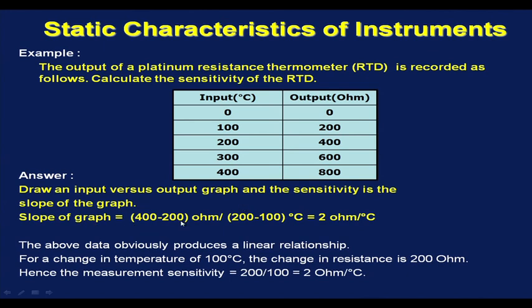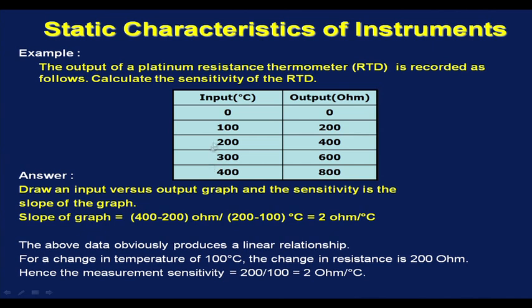So, we are going to get a straight line. It is easy to calculate the slope from the data given. If we consider this pair of points, slope will be 400 minus 200 divided by 200 minus 100. So, this is 200 divided by 100, which is equal to 2 ohm per degree Celsius.